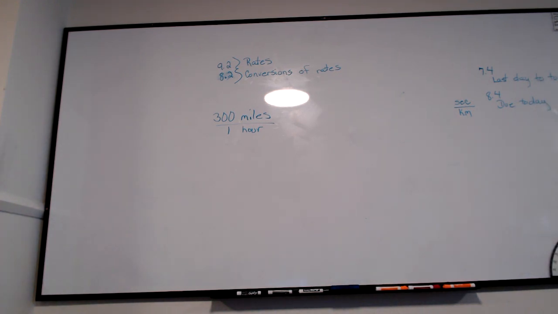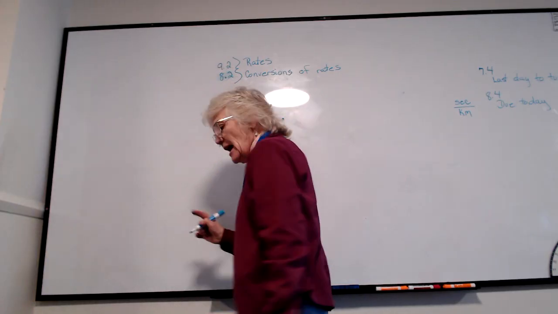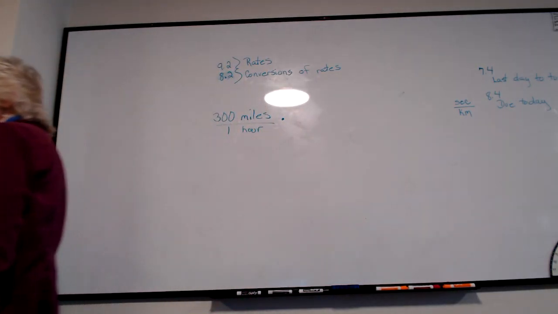So this is something you will do in science. The way I've taught you to do unit conversions is the easiest way to do these kind of things, because you don't have to try to figure out, do I multiply, do I divide, what do I do to get this? Okay, so let's look. We can find out how many kilometers are in a mile.